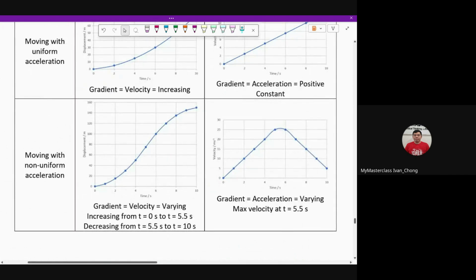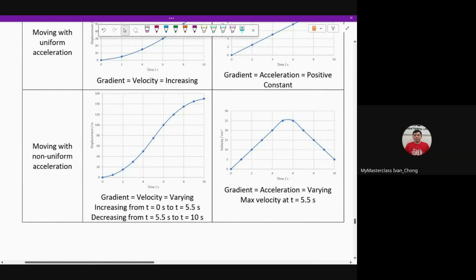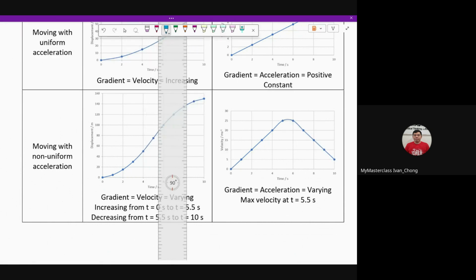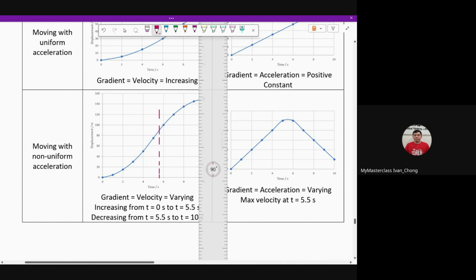Okay? Then if you have these funny-looking graph shapes, just take your ruler out and separate into parts that you can understand. In this case, I will split it at 5.5, because if you notice, the left-hand side and right-hand side are different. This is increasing.